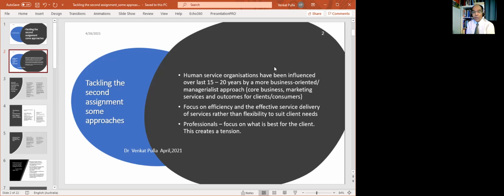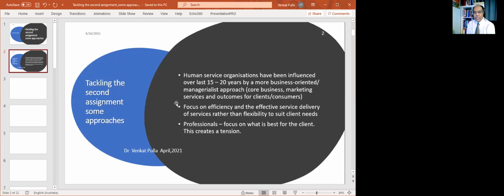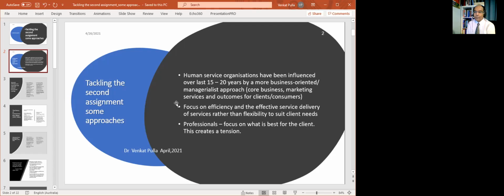We do talk about consumers and things like that. There is a focus on efficiency and on effective service delivery. We also seem to be talking about professionals, the way they work. The focus is on the best for the client, and sometimes that does create a tension. We want the best for the client, but maybe the resources don't really allow us to do the best.